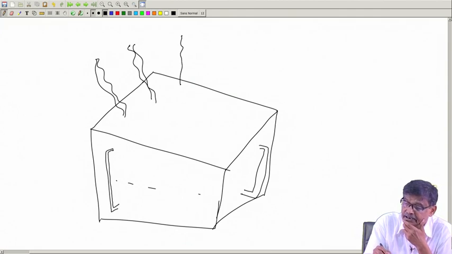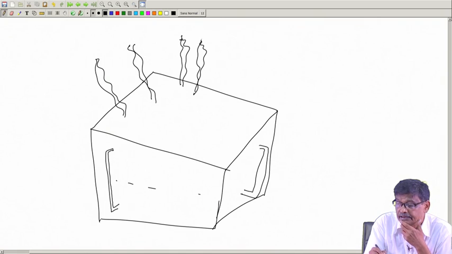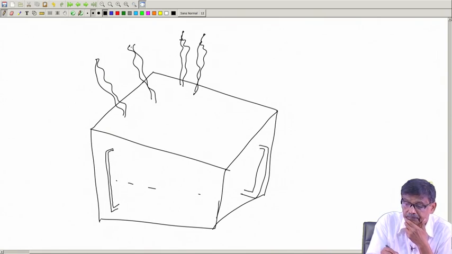So, LV and HV terminals are brought out, and these are the conductors, leads from the windings.